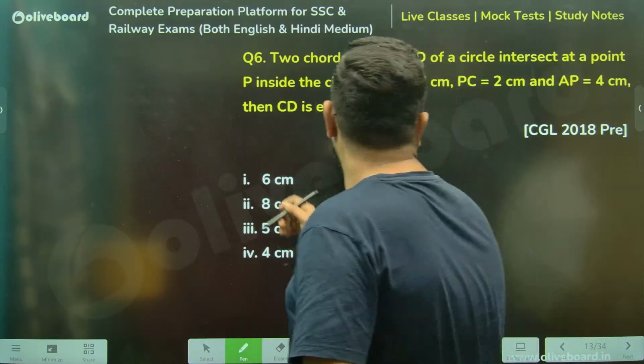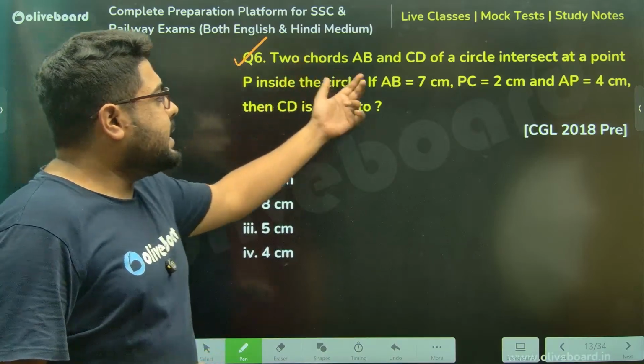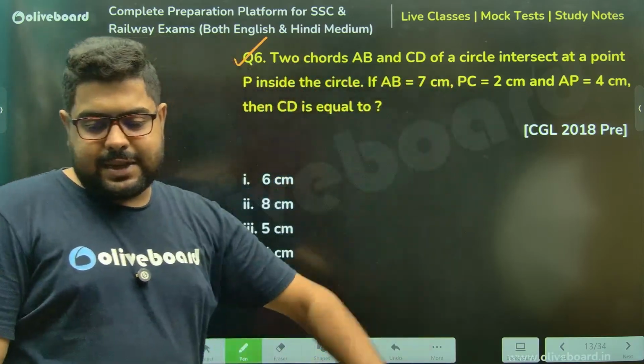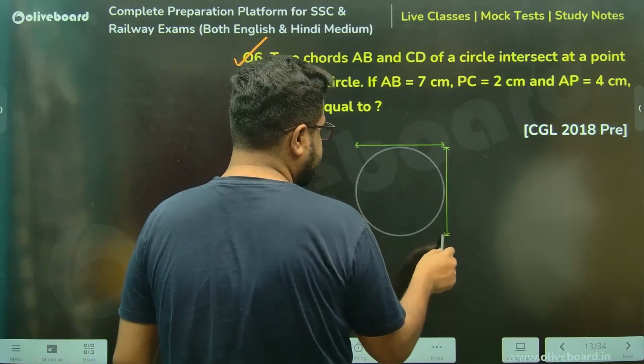Now, next one, please. Again, another property. Two chords are intersecting at a point inside the circle. I had discussed one property with all of you.